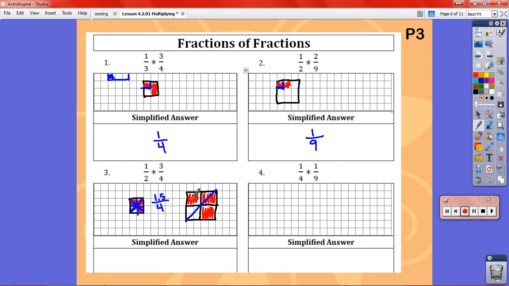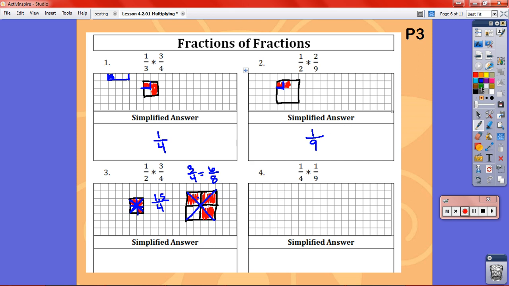So now we have 8 pieces. We have 1, 2, 3, 4, 5, 6, 7, 8. 6 of them are filled in because 3/4 is the same as 6/8. But then we can take half of 6.